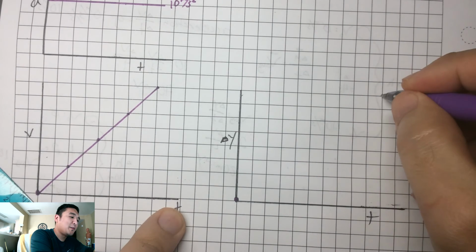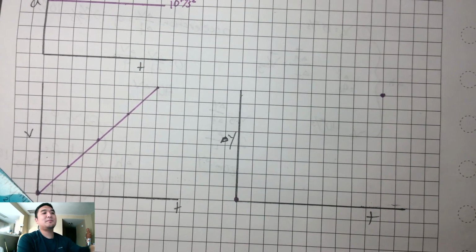And let's just say we fell that distance. The question is, how did we get there? I covered this last time, so if you just watched the other video, that's great. But if you fell for 4 seconds, 10 seconds, however many seconds you fall, what would the graph look like as time went on?